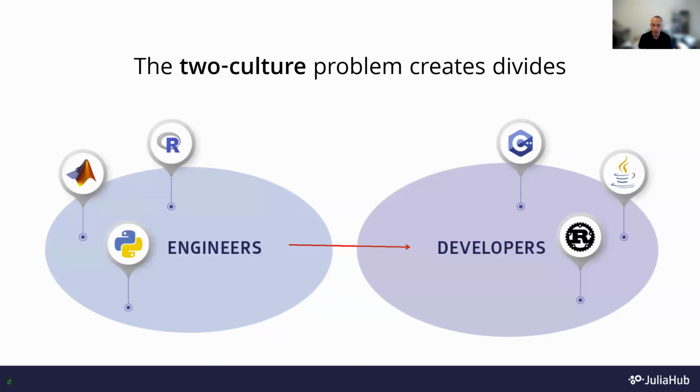So you can already imagine that as we transition from the earlier stages of a program to the later stages, the frameworks, models, and workflows created by the engineers must be rewritten in a language suitable for deployment by the developers. Ultimately, this leads to refactoring of models, friction in production, and obviously, in many ways, redundant work.